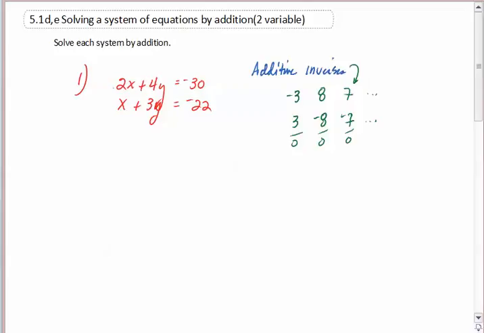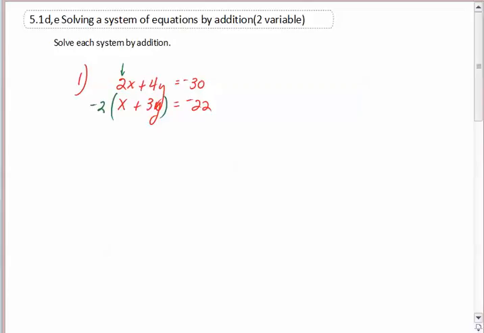So what I notice is this 2 in front of the x, and I could easily put a -2 right here in front of this x, if I multiply the bottom equation by -2. So now I'm going to move this out of the way, because I like to work sideways here. I'm going to multiply this bottom equation by -2, and I'm showing what I'm doing. Okay, and then I'm going to write this right over here.